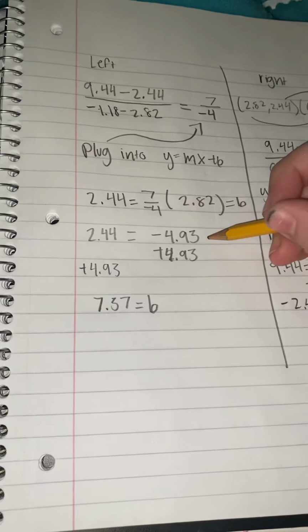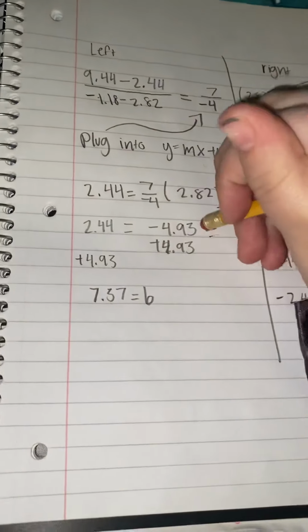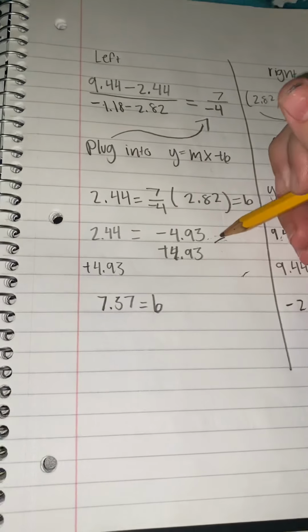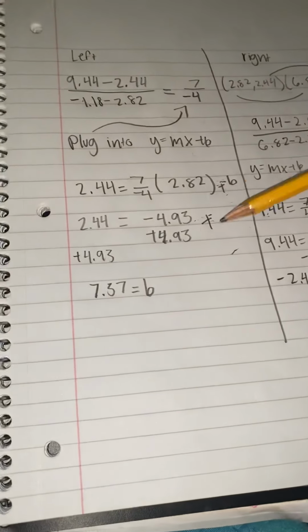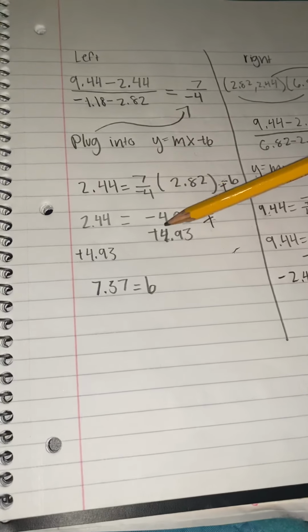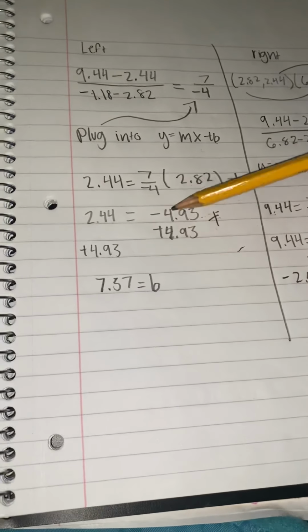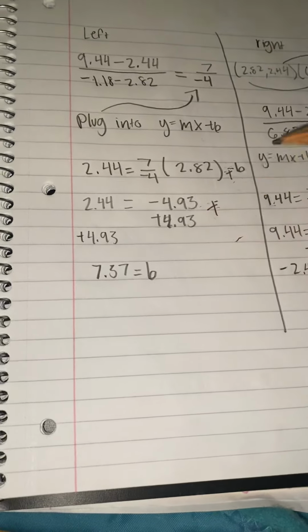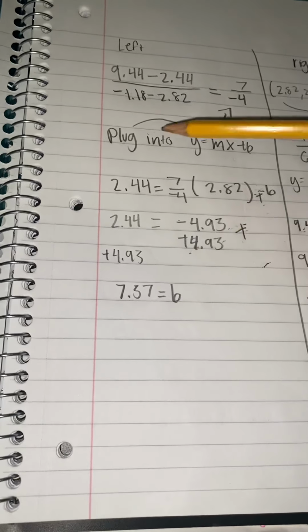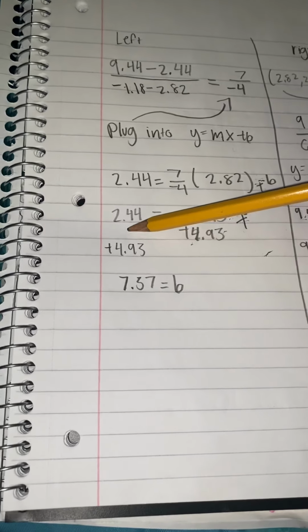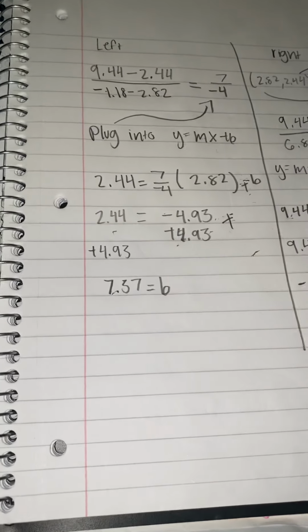Then, sorry, let me go ahead and fix this real quick. Plus b, I don't know why there's an equal sign there. Plus b. So then I just did basic algebra. I took the 4.93 away from the right side of the equation. Since this is negative, I had to add it, which meant I had to add it onto this side. So I got 7.37 is equal to b.